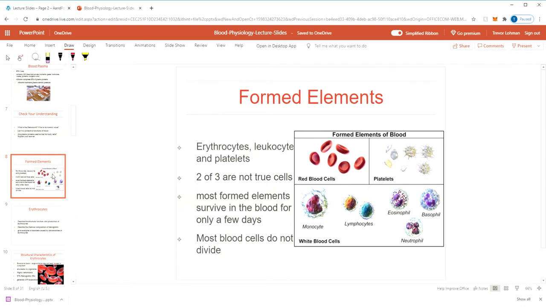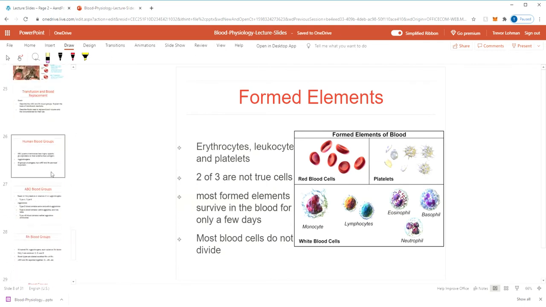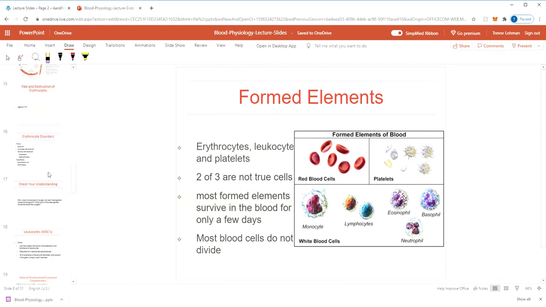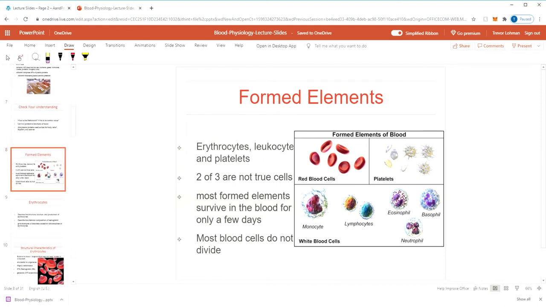Okay, so let's talk a bit about formed elements now. Ooh, boy, we got a few more slides than I expected. So formed elements are things floating around in blood, and not something dissolved like a solute, but something with a formed element. So there are three types of formed elements: red blood cells or erythrocytes, white blood cells or leukocytes, and then platelets.